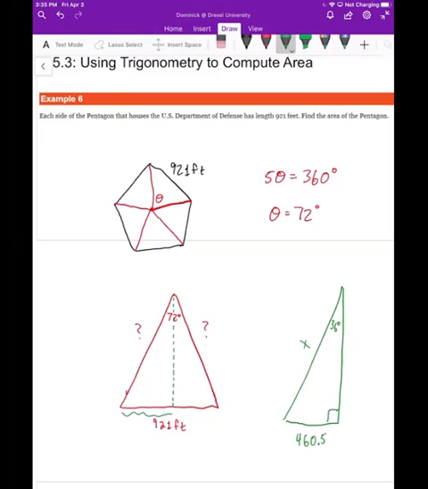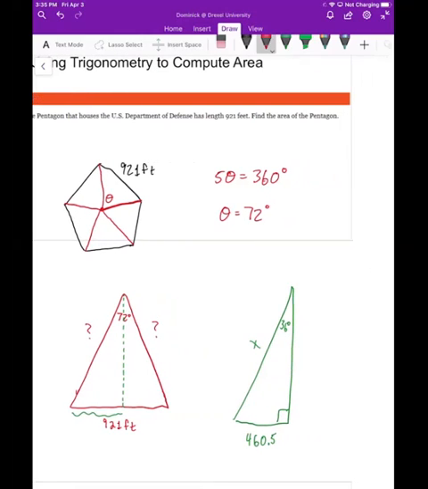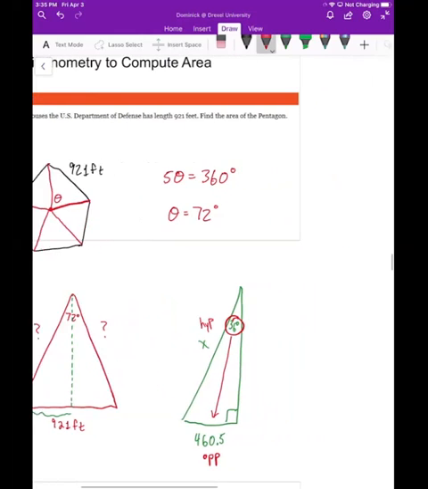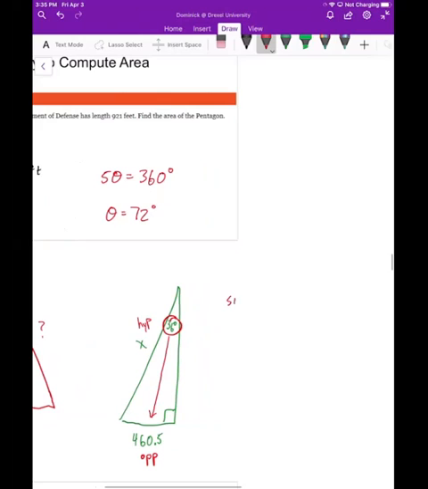So now we can get this length. If I look at this angle, 460.5 is my opposite and x is my hypotenuse. So we can say that the sine of 36 degrees is equal to opposite 460.5 over my hypotenuse x. And then by rearranging, x is equal to 460.5 divided by sine of 36 degrees.